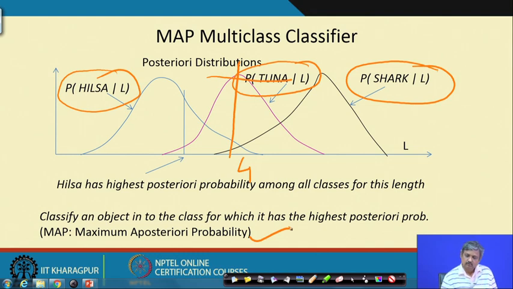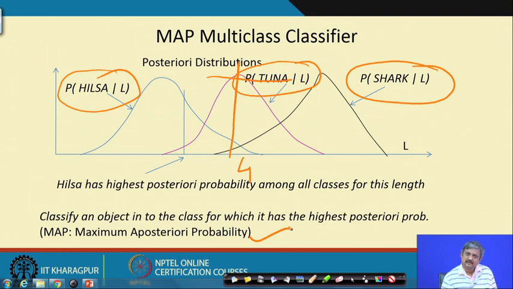Okay. So, again to summarize, if I have k classes, take a population, find the class conditional distributions for each of the classes, find the prior probabilities for each of the classes, multiply them to get the posteriors, and draw the posterior distribution for each of the classes.